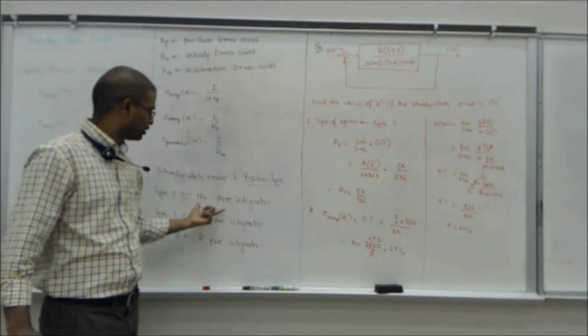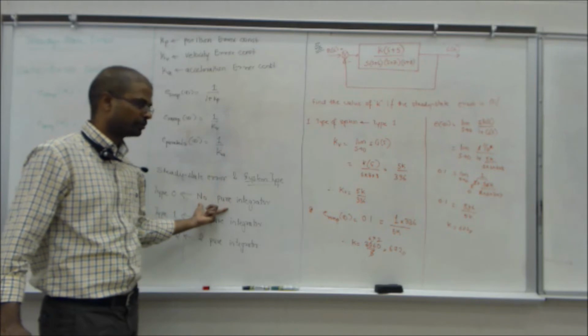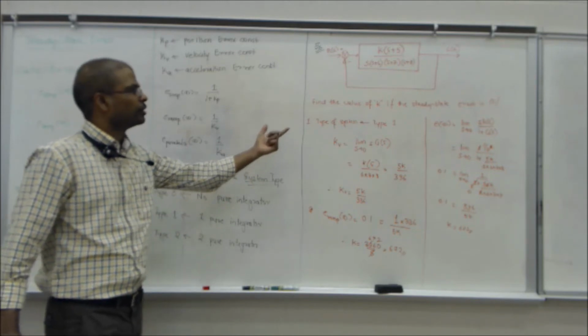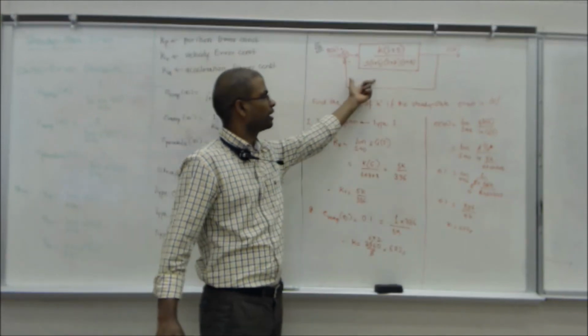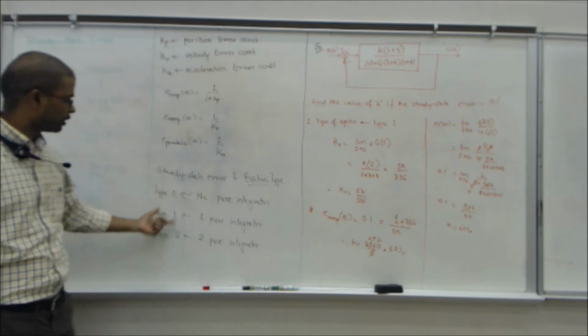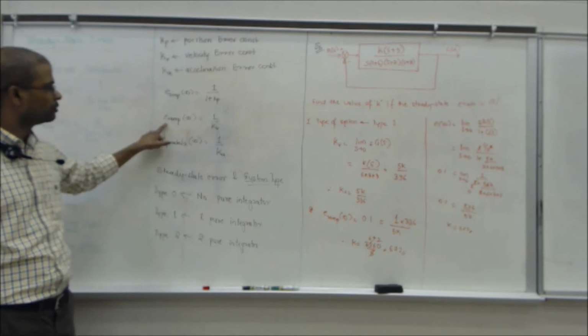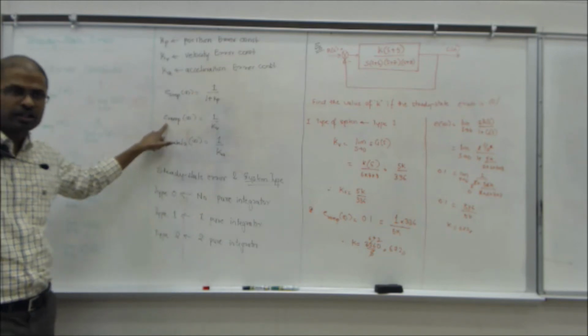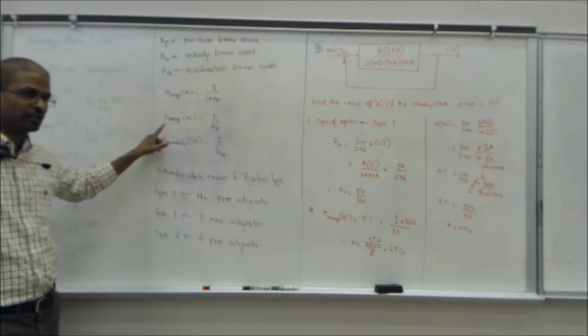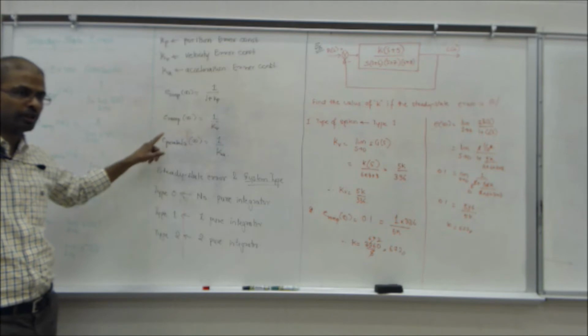And then we defined the system type. What I'm trying to say here is, you can look at this and recognize the system type and correlate that for a particular system type, steady state error for only one input will exist. The other two will be either 0 or infinite.